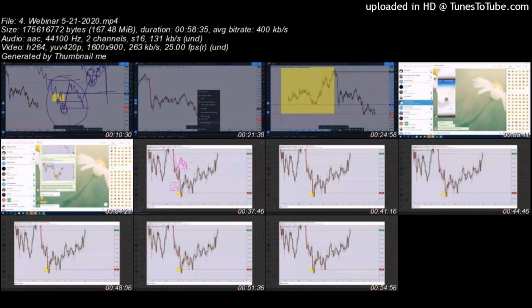Okay, this is an example from, let's look at Euro New Zealand. Even if we just look at it from the daily time frame, if we look at this area, we have an uptrend where we started with an impulse.